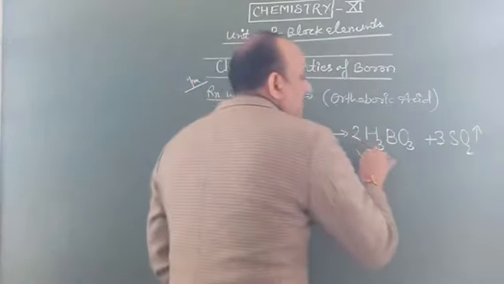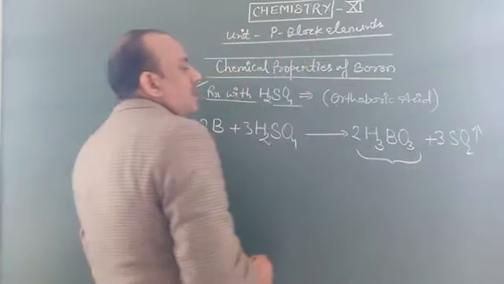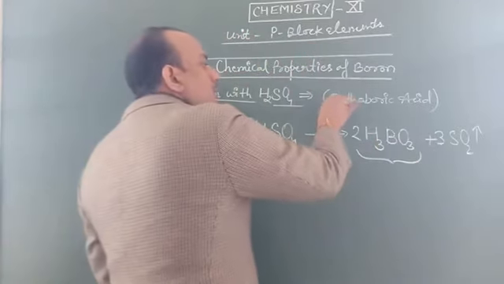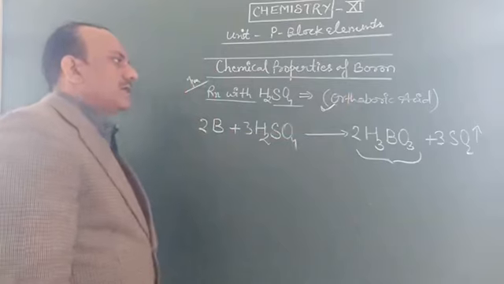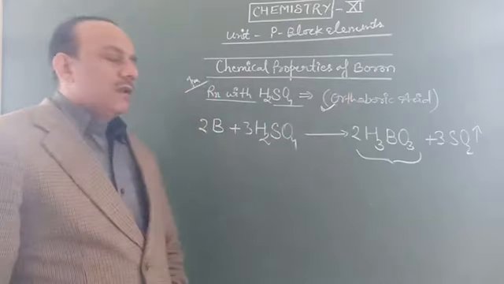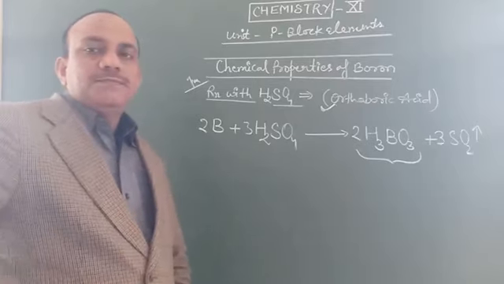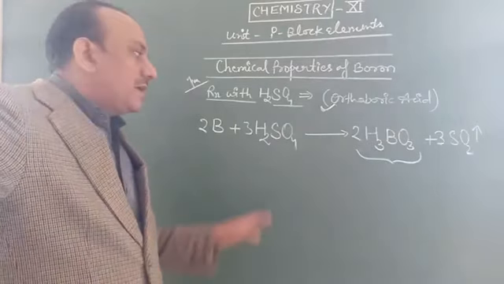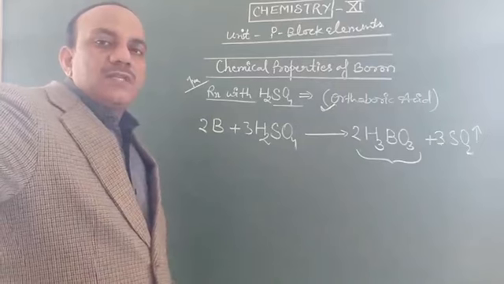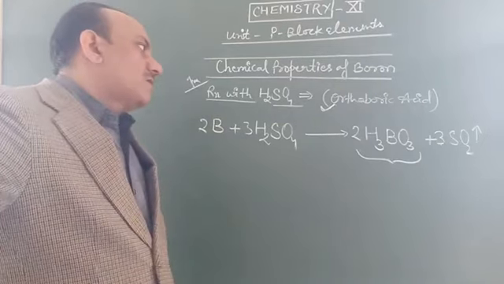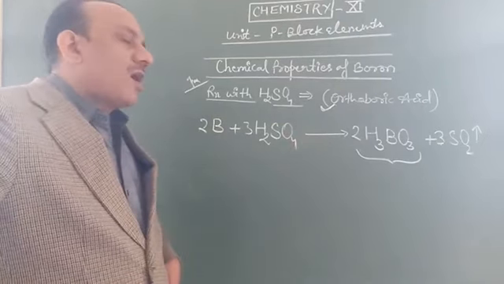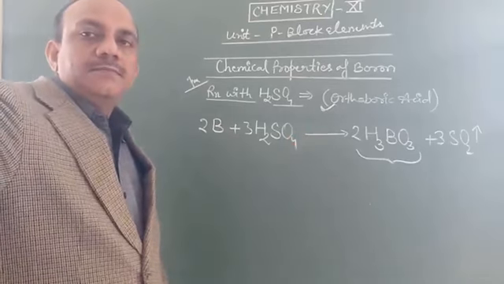It is the main product of this reaction and it is known as orthoboric acid. So we say that boron reacts with acids to form their salt. But here boron is oxidized with H2SO4 to form its oxide product named orthoboric acid.